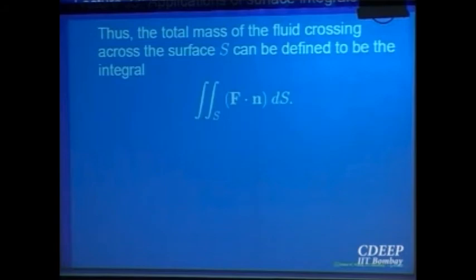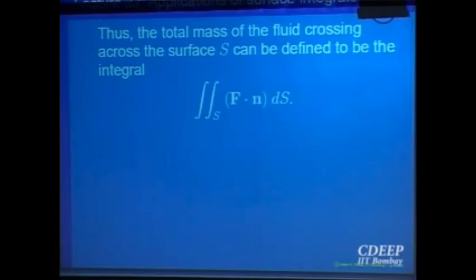What does that mean? That means my surface is such that at any point I have a concept of a unit normal, but as I vary the point on the surface, that unit normal should vary continuously. So that is the assumption we have to make about the surface: at every point a unit normal exists, and as I vary the point on the surface, that unit normal will vary continuously.